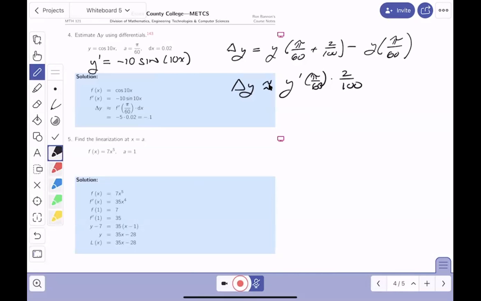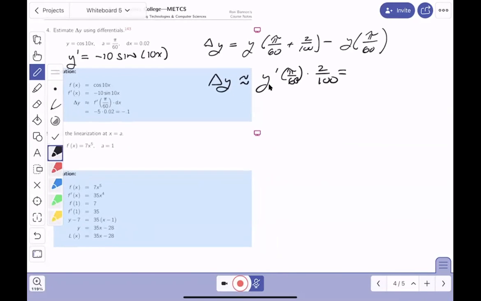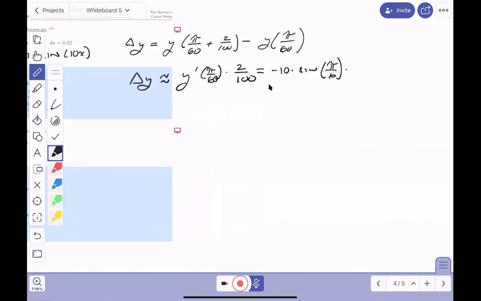So what's y prime at pi over 60? Let's write this down. This will be equal to minus 10 sine of pi over 6, times 2 100ths.